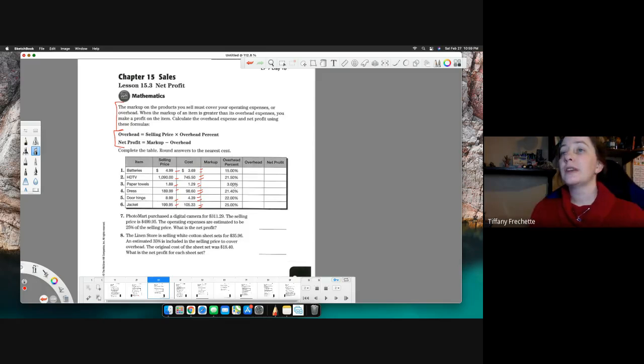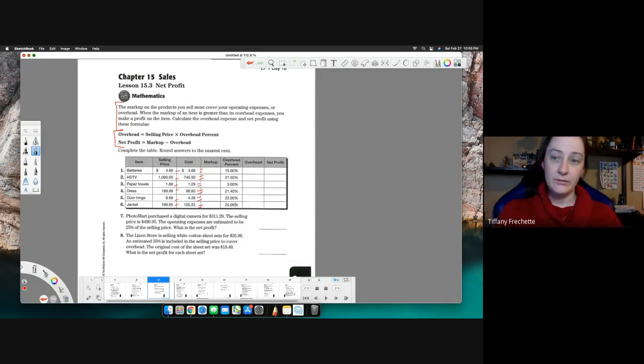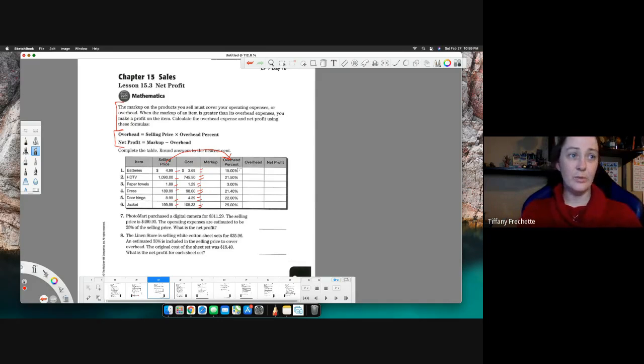And then they give you the overhead percent here, so how much it costs basically to have the item there in stock. The actual overhead cost is the selling price times this percent, and we'll get an actual cost here for overhead of what it costs to keep this item in stock.